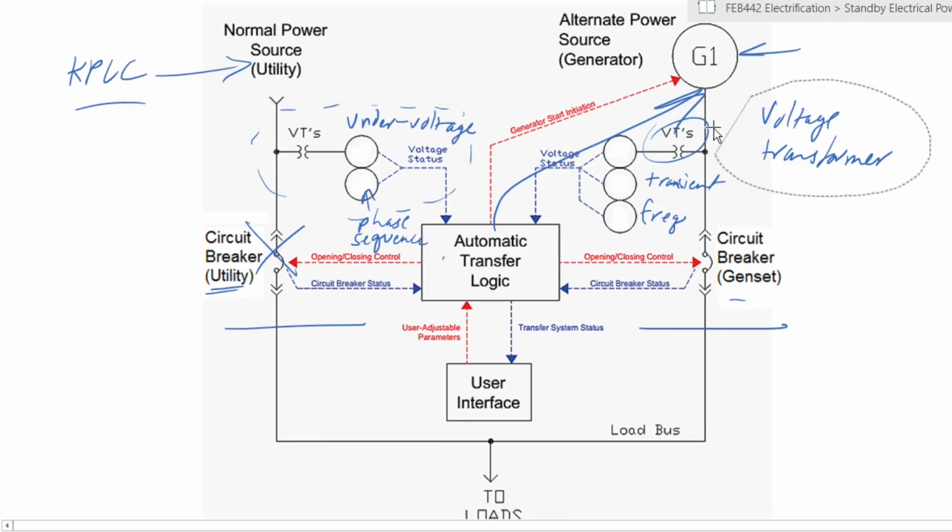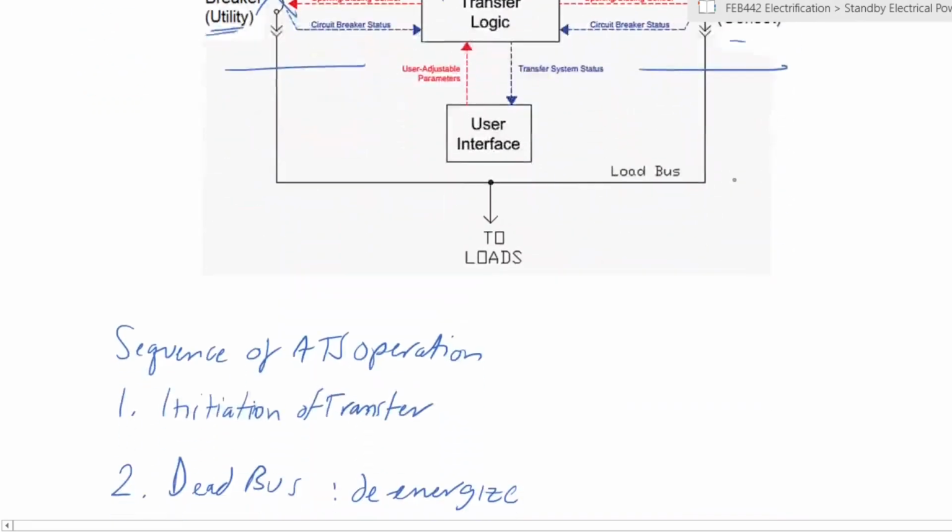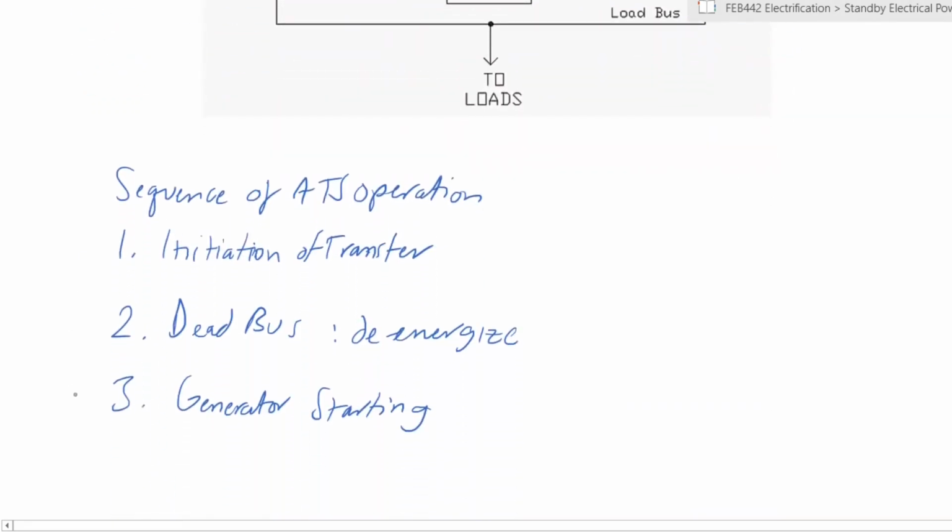So instead of submitting the instruments to 415 volts, you power them through VTs, which supply a proportionally small amount. When you have started up your generator, it is up and running, the voltage is ready, and it is at the proper frequency, the system is ready now to connect to standby power.